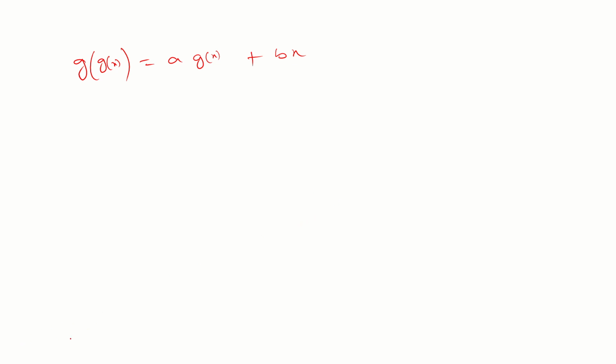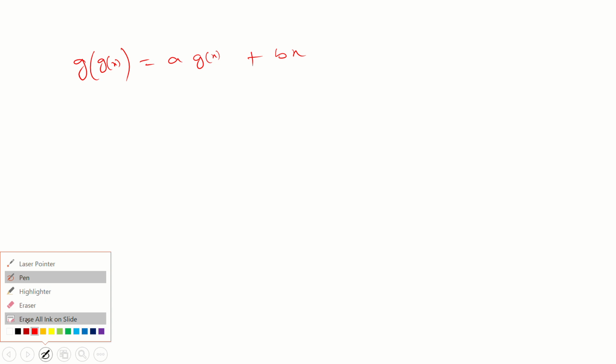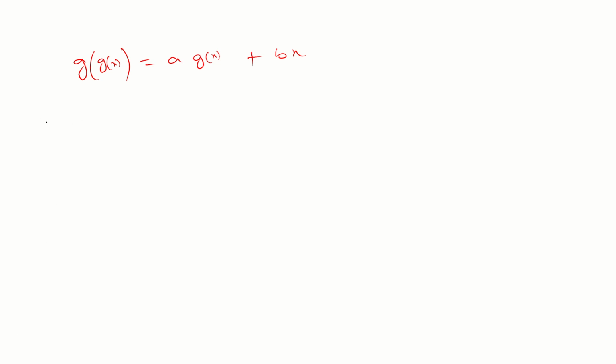So for injective, we just have to assume that g of x1 equals g of x2 equals, suppose, any value like alpha.